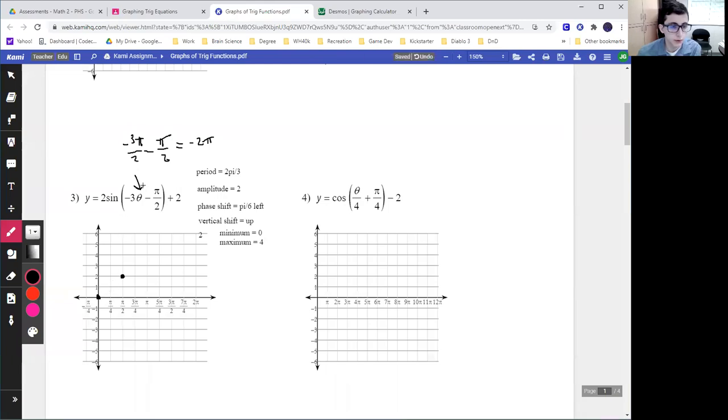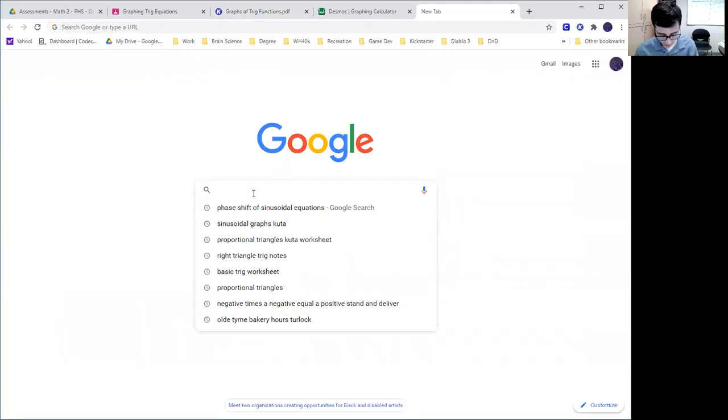Let's try putting in pi over 4. So substitute in here. That's going to give us -3 pi over 4 minus pi over 2, which is 2 pi over 4. That's going to be -5 pi over 4. Sine of -5 pi over 4 is something that I'm not familiar with off the top of my head.